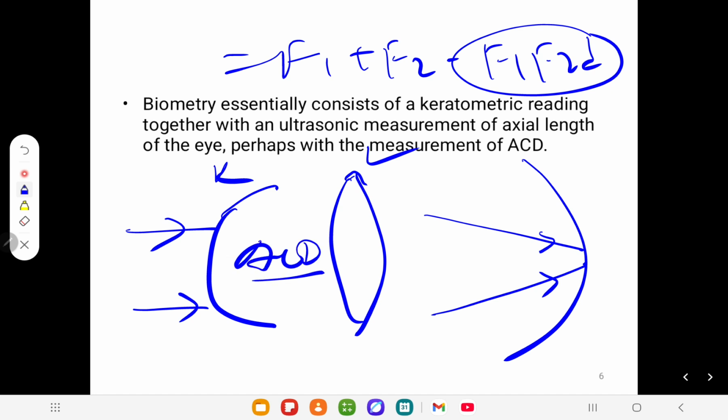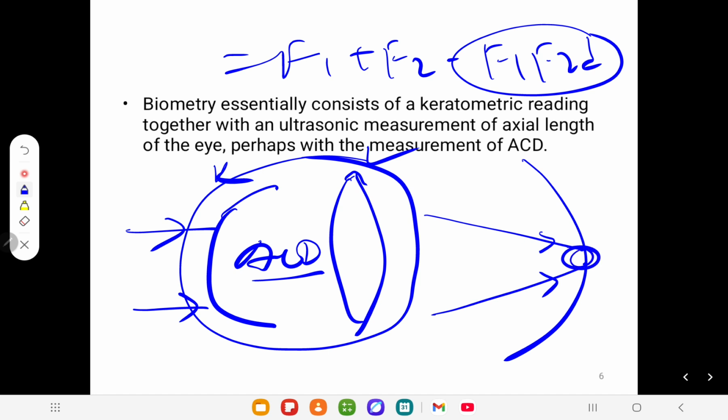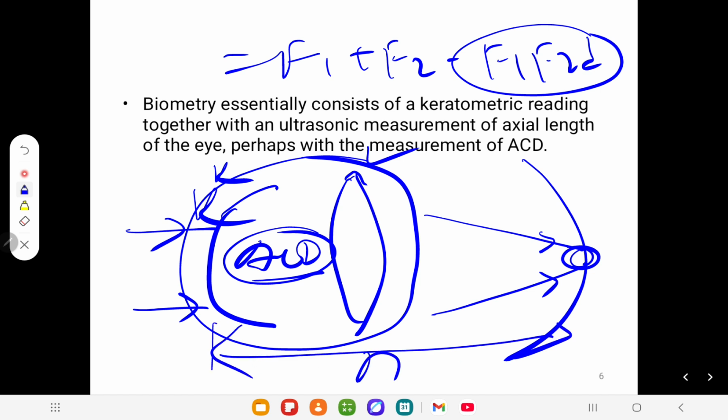Eventually these two components together want to focus the light on the retina, to create an emmetropic eye. So basically this is the concept, isn't it? That's why there are three very important components: keratometry, the distance between lens and cornea, ACD, and axial length.